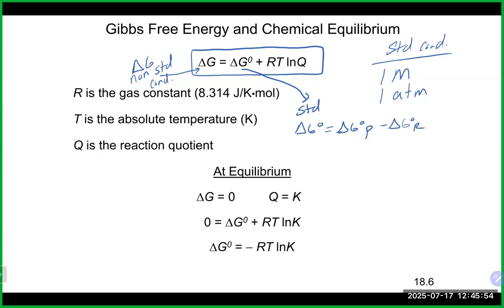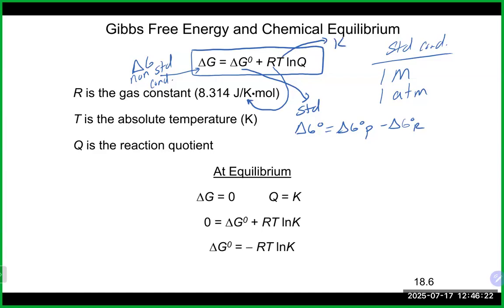So under those standard, table type conditions, that would be how you would get it. This R is obviously our gas constant, and it is the one with joules in it, the energy version of it, so not the one used for the ideal gas law. So that's the 8.314 version. T is our temperature in Kelvin.